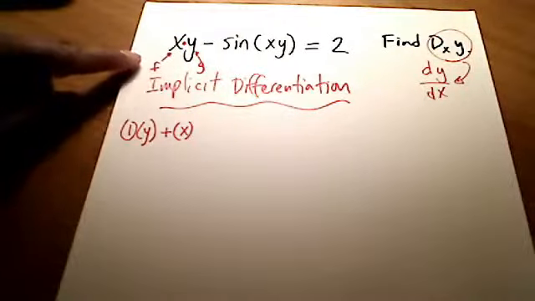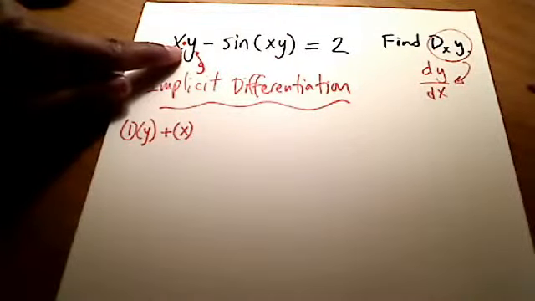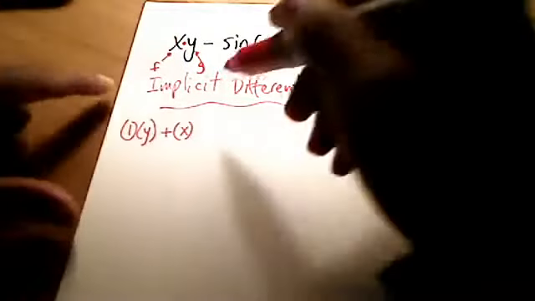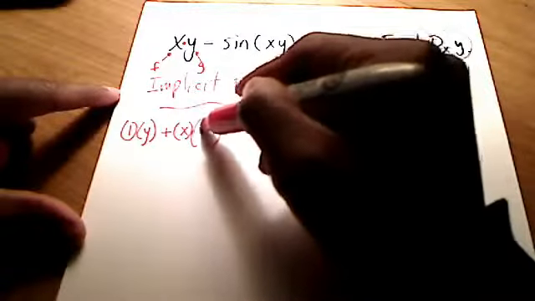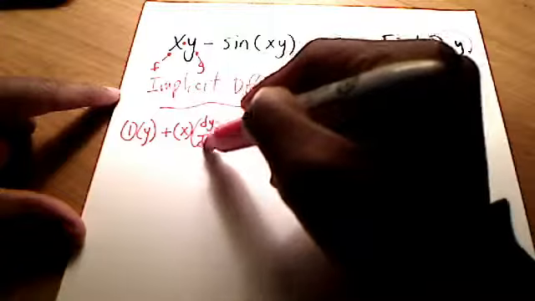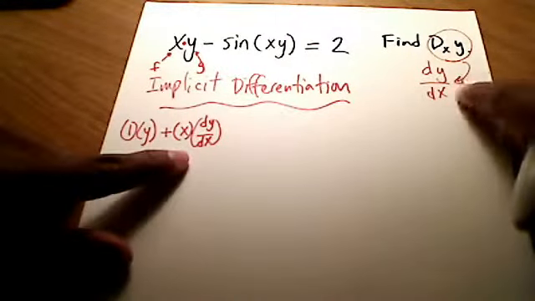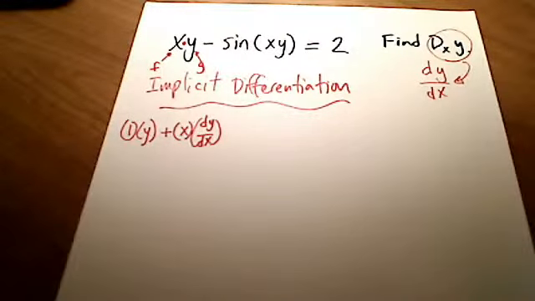Now, I can't take the derivative of y with respect to x because there is no x in this thing here. So I'll just have to write it and leave it in this form of dy/dx. In fact, that's what we're after. We want dy/dx all by itself. So keep that in mind as we go through this problem.